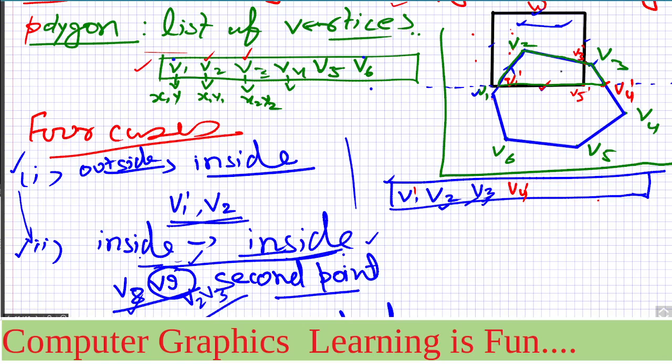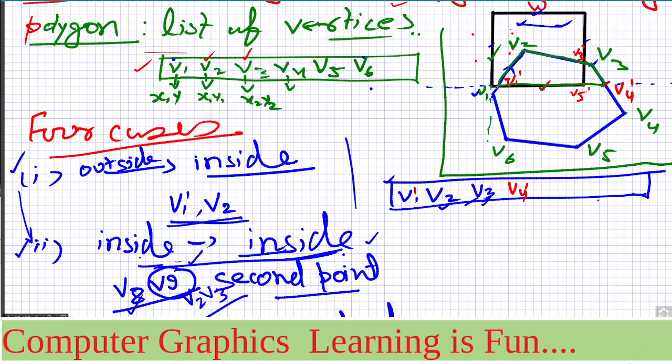So this is what you have got after checking these four conditions with respect to one boundary of the window. Now you need to check the same four things for all the lines of the polygon with respect to the other boundaries.